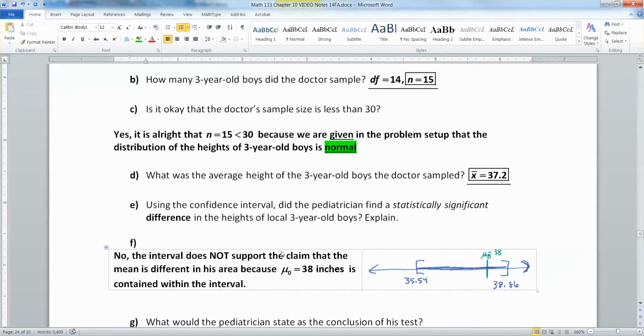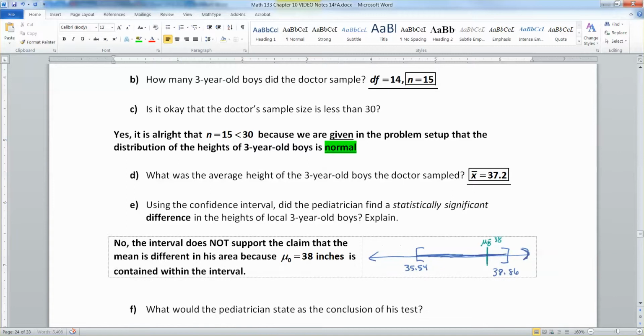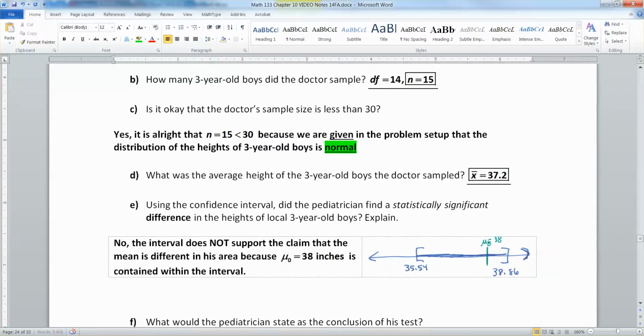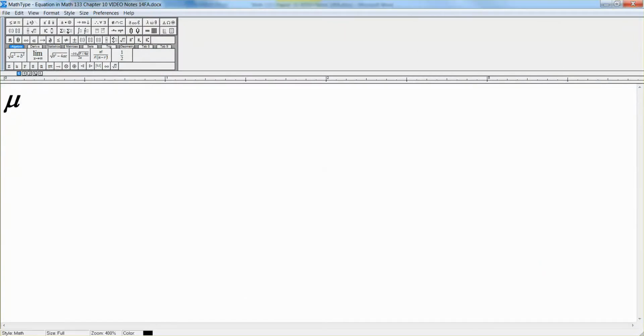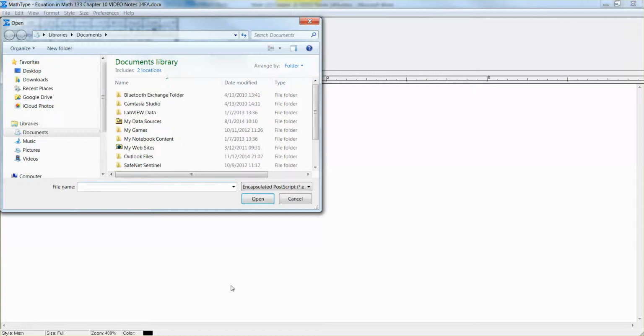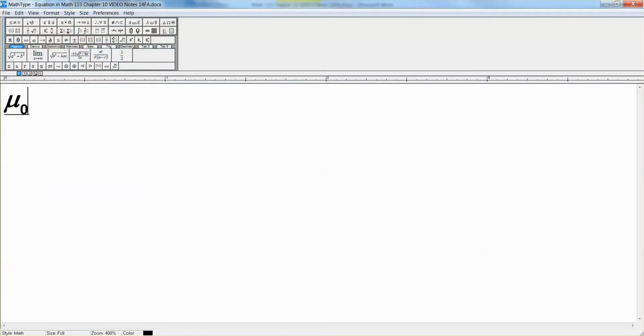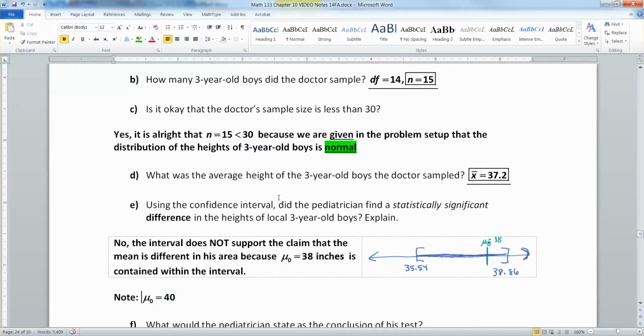If mu zero was, say, 40, that would be different, right? Let me make a comment. Note, if mu zero equals 40, then the interval would have supported the claim because 40 is outside the interval.